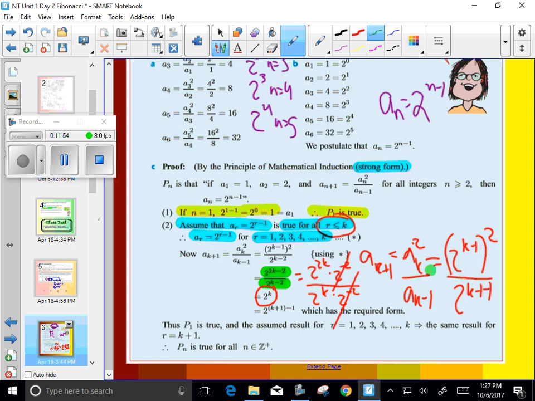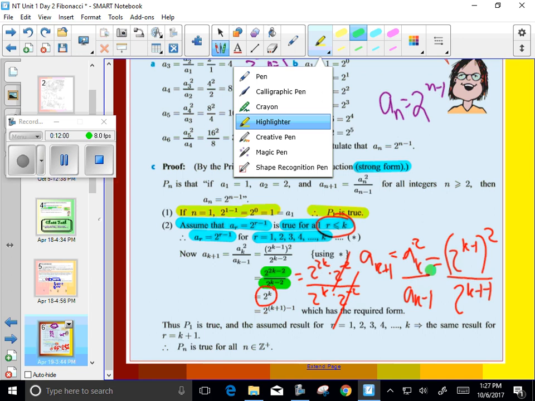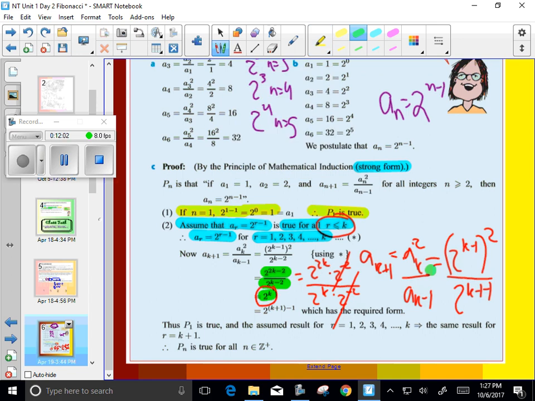And 2 to the k is interesting because if you go a to the k plus 1, this is just going to be 2 to the k minus 1 or plus 1 minus 1. And what is that? 2 to the k.